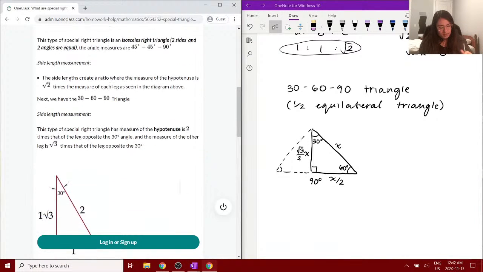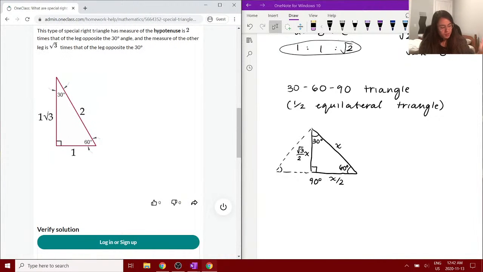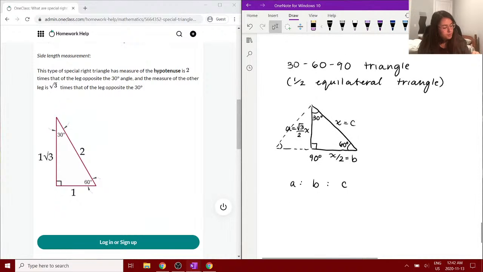Let's look at what it says here. So once again, we have the ratio of side lengths. Start with this is C, this is B, for example, or A, or you can swap A and B. If you take the ratio of side lengths A to B to C, you would find that the ratio is root 3 over 2 to 1/2 to 1.